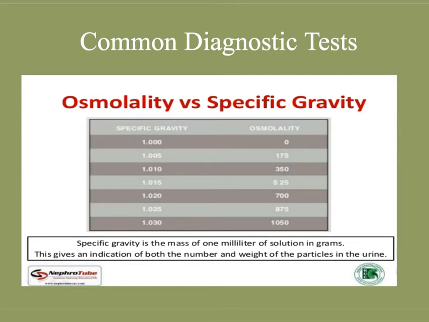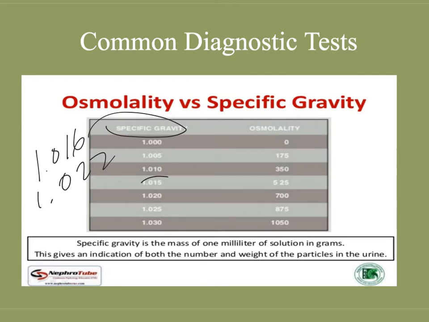So we're looking at whether there's a lot of particles in the urine or it's mostly just water. Normal specific gravity is 1.016 to 1.022. Again, it may depend on the lab, but it's typically around that.